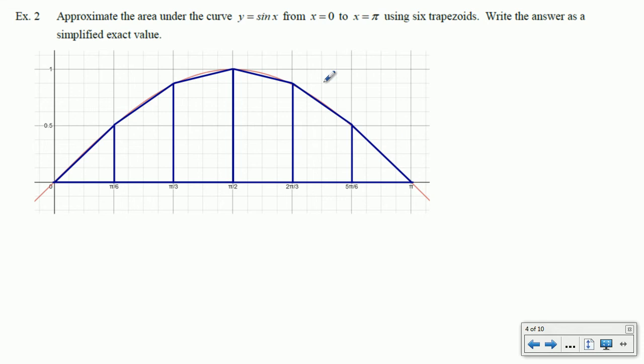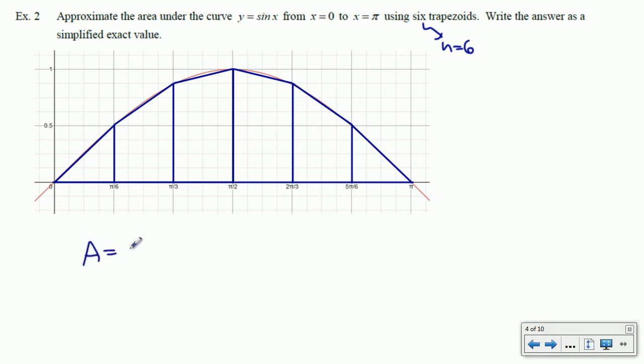So next example, we're going to approximate the area under the curve sine x from 0 to pi using 6 trapezoids, and we're going to write the answer as a simplified exact value. So if we are using 6 trapezoids, that means n equals 6, and we can use our formula that we've just developed.